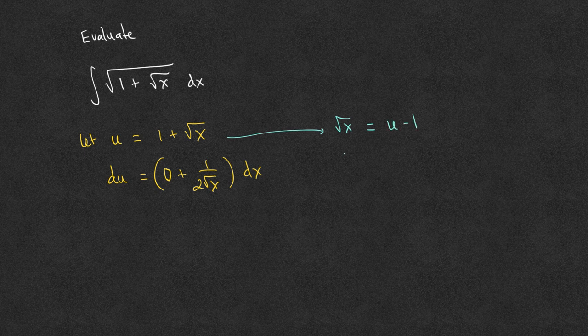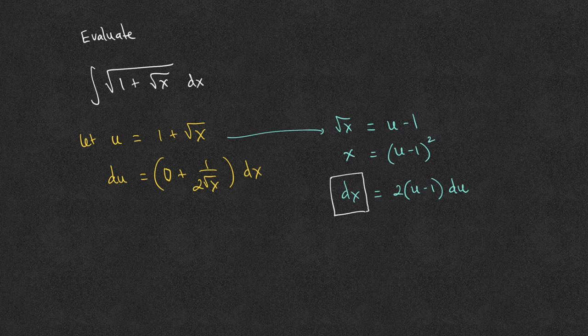Therefore, x is u minus 1 squared, where dx equals 2 times u minus 1 du, which is good because we have a substitution for dx.